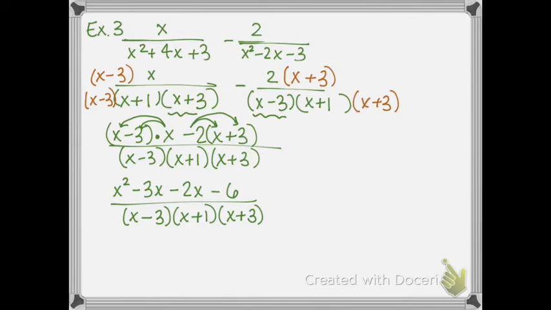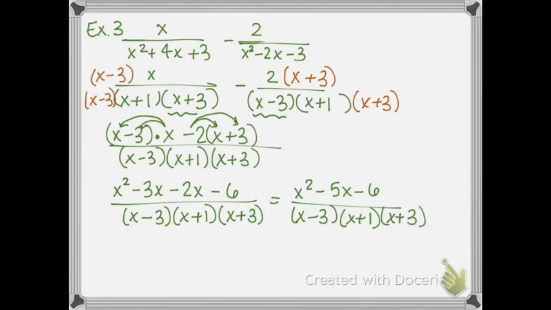The denominator does not change for a long time in these problems. Again, the denominator doesn't change. I'm going to combine like terms in the numerator. Rewriting the denominator again.